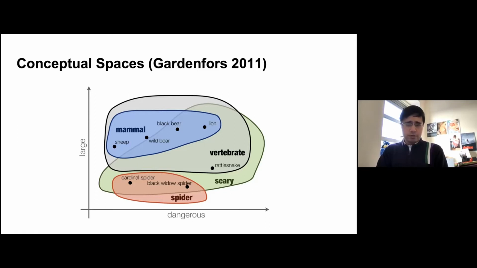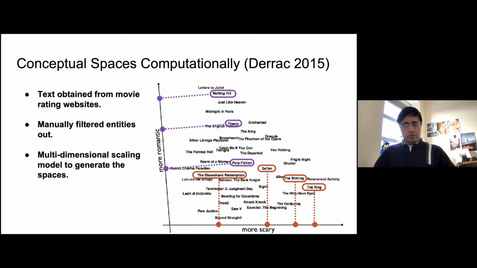Now, what happened previously was that in Gärdenfors' work, they actually used manual methods to generate such conceptual spaces. Now we have huge amounts of text, and we want to develop methods which could do this automatically. So there have been efforts to develop computational methods or machine learning models to automatically learn conceptual spaces.